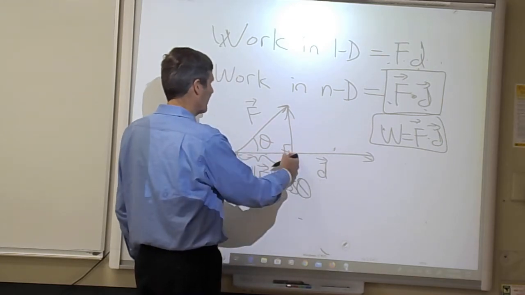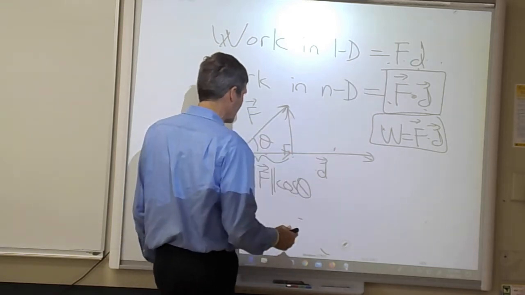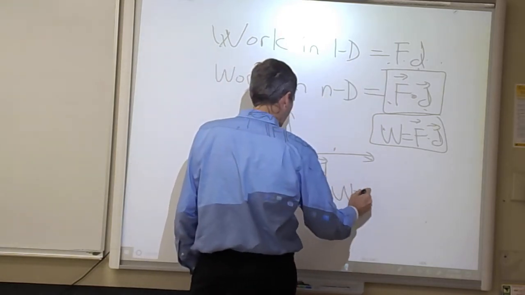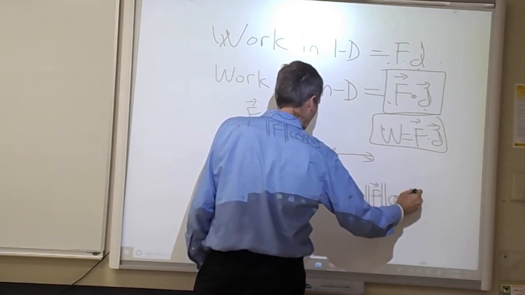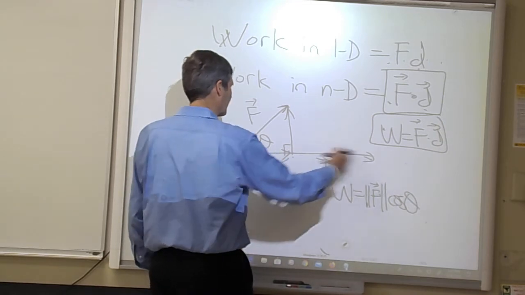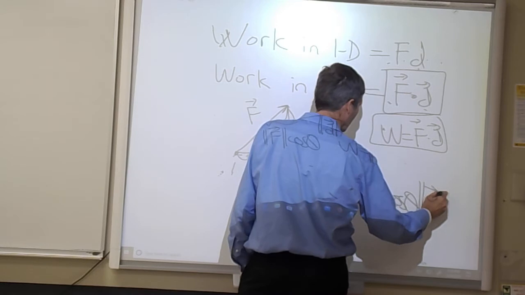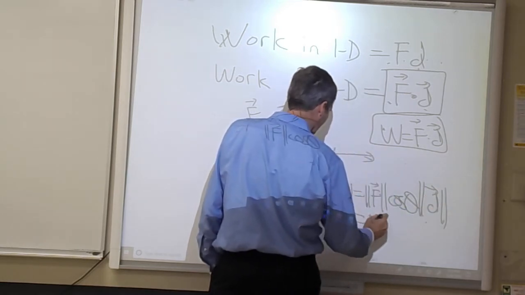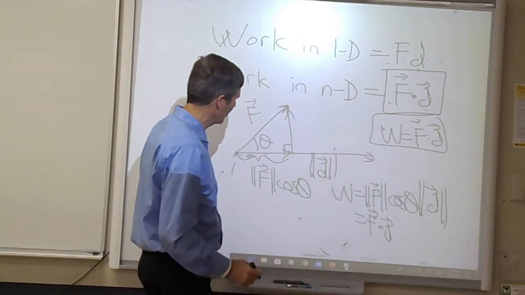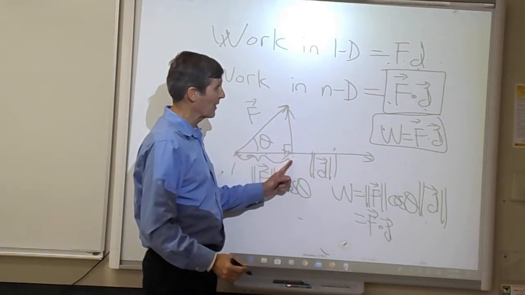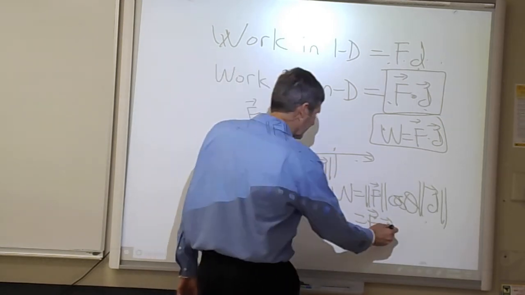So that's the force pointing in the direction it actually displaces. Following the prescription force times displacement, the work is the length of the force, the cosine of the angle, times the length of displacement. Oh, but that's just the dot product. So we generalize work to more dimensions: work is the component of force in the direction the thing moves times the displacement, which is force dot displacement.